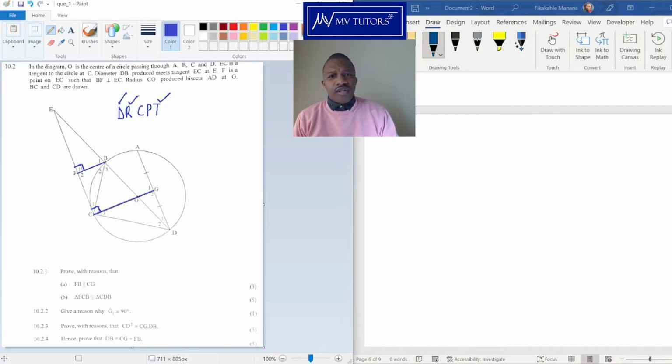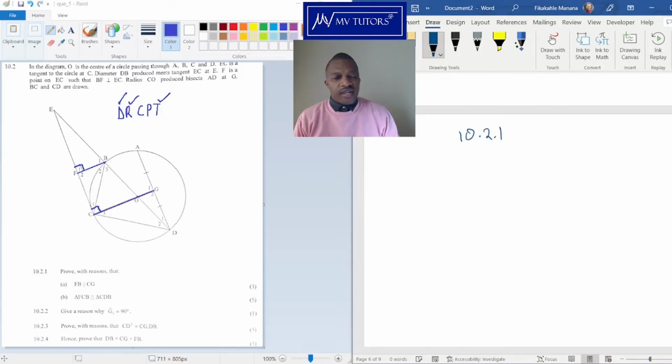Okay, so let's do that really quickly. 10.2.1a. We can safely say that the angle EFB is equal to 90 degrees. And how do I know this?